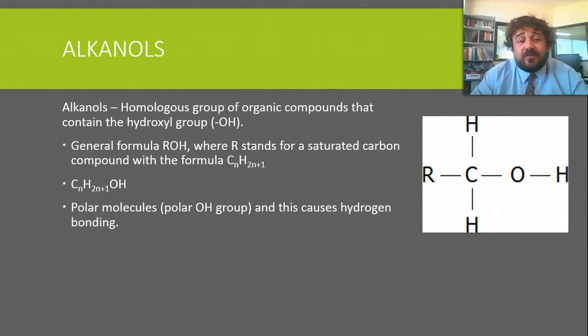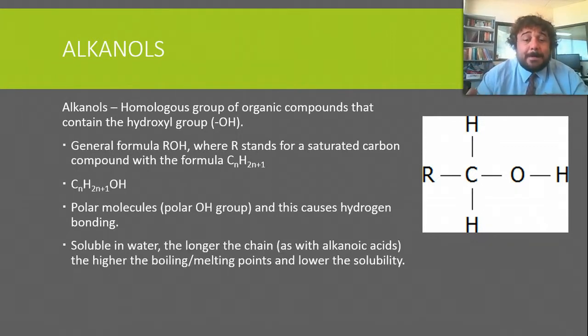With the hydroxyl group, they're a polar molecule, which gives us hydrogen bonding and means they're soluble. This is the same with alkanoic acids, which we'll talk about next. Sorry, the longer the chain, the lower the solubility, and the higher the melting and boiling points.